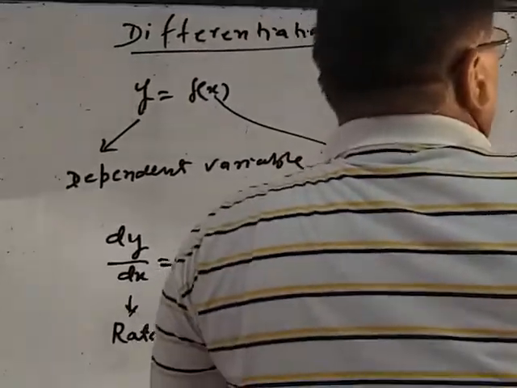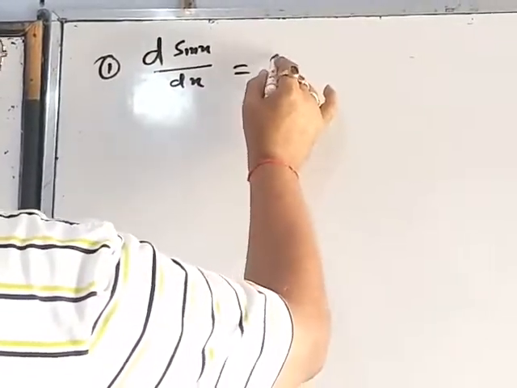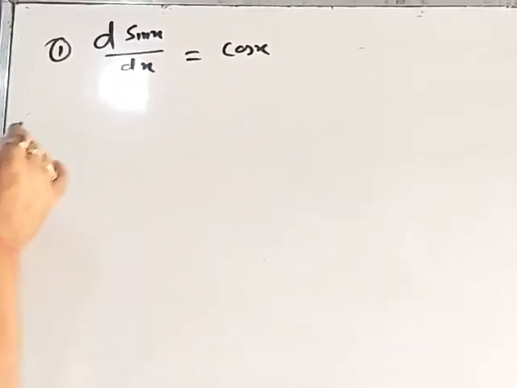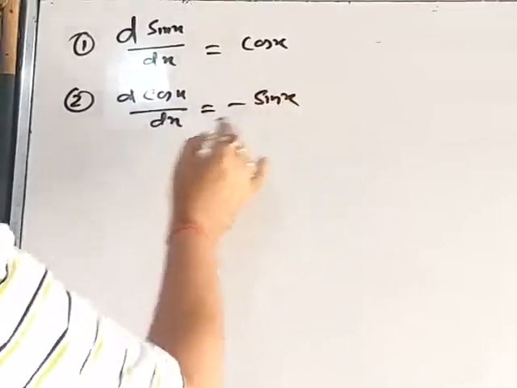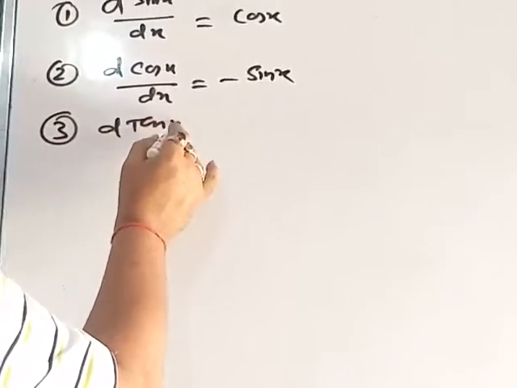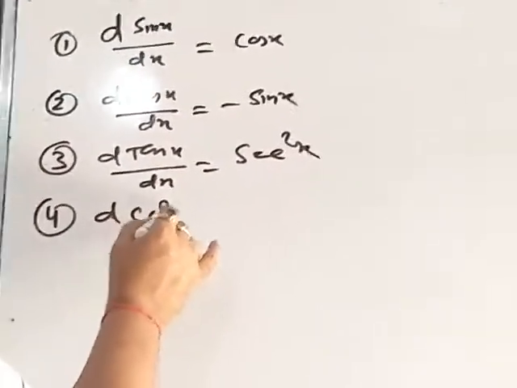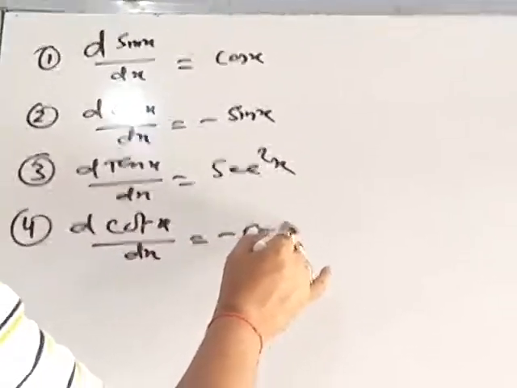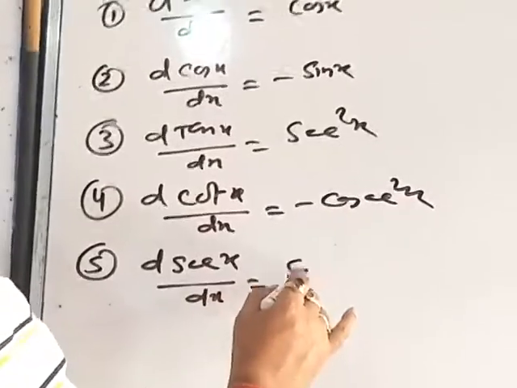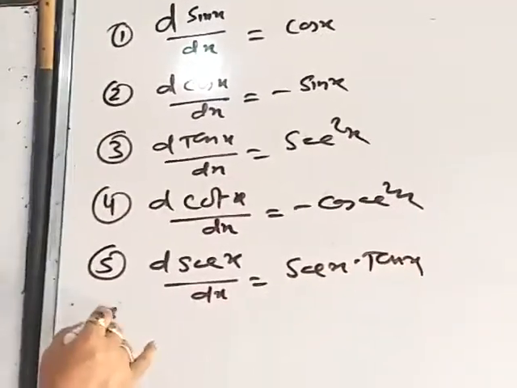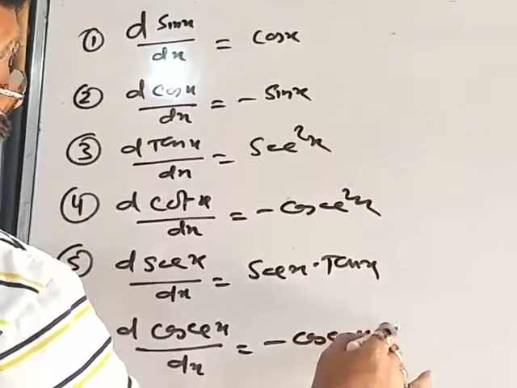Just as you know, d sin x by dx is cos x, d cos x by dx is minus sin x, d tan x by dx is sec square x, d cot x by dx is minus cosec square x, d sec x by dx is sec x into tan x, and d cosec x by dx is minus cosec x into cot x.